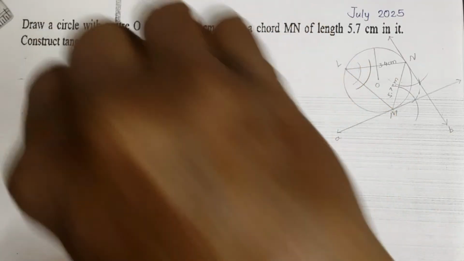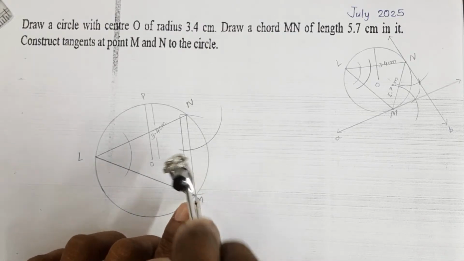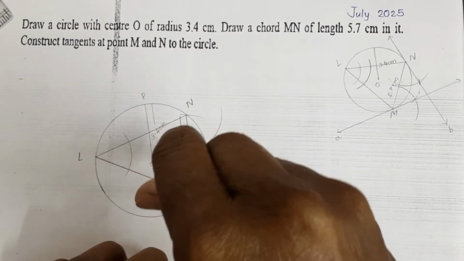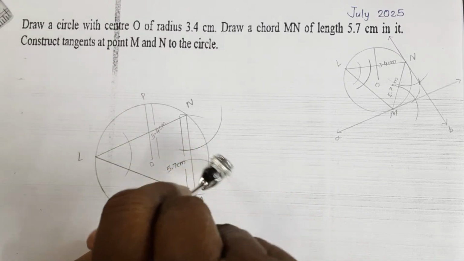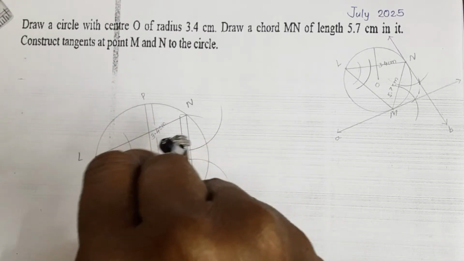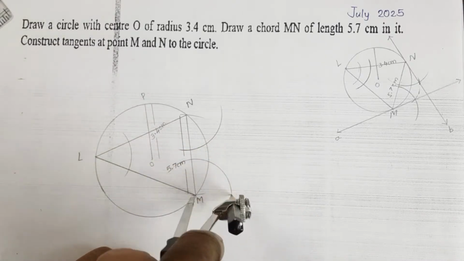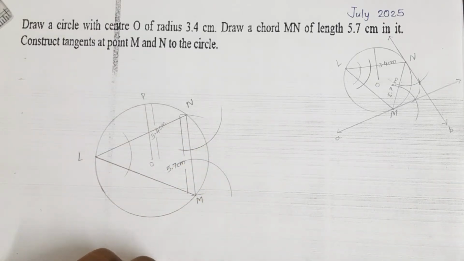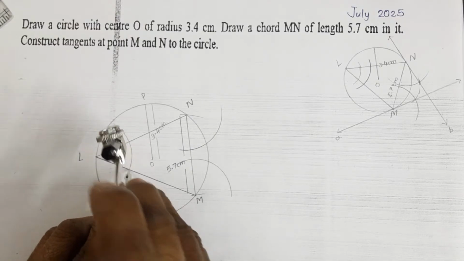Here also from M you make the arc, which passes through or intersects the chord MN. See, this is the chord MN, so it passes through this outside. Okay students, this way.